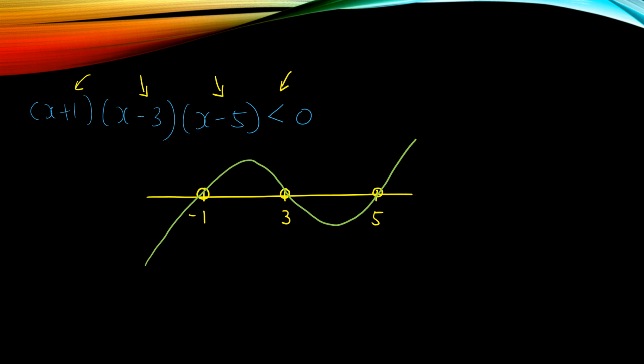So you can see that it's this region and this region. The first region is to the left side of negative 1. The second region is on the right of 3 and to the left of 5. So my solution will be x is less than negative 1, or x is in between 3 and 5, excluding 3, excluding 5.